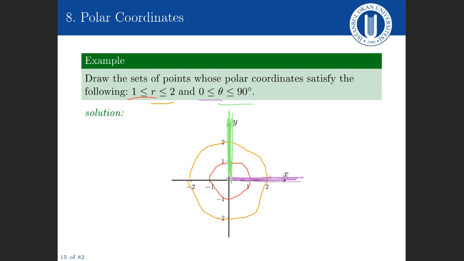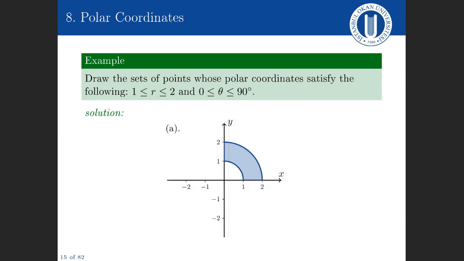We are asked to find all of the points which are between these. So between the red circle and the orange circle, and between the purple line and the green line. So we're going to be asked to color in this part. And it's neater if I draw it with a computer.